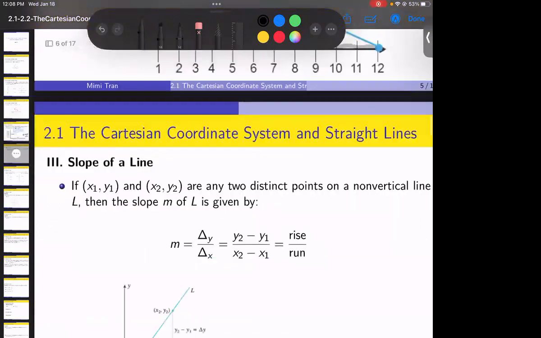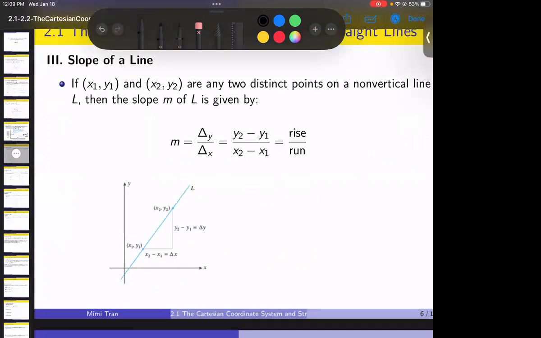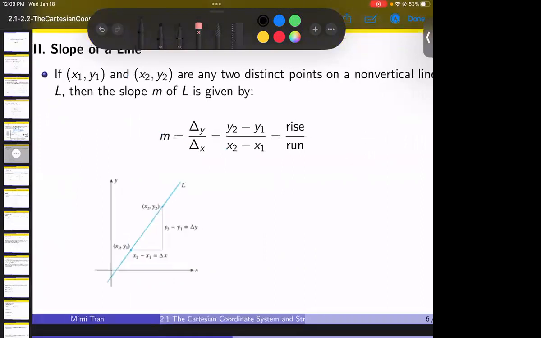All right, slope of a line. There's a formula, and I'll explain to you where this formula comes from. Quite simple, actually. Given the points (x1, y1) and (x2, y2) right here. Of course, these are two distinct points on a non-vertical line. It has to be non-vertical because what happens when it's vertical?